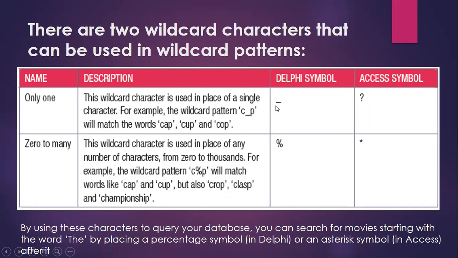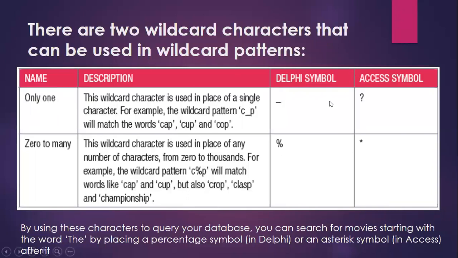So the symbol here is an underscore, not a minus. It has to be an underscore. So what it will do is, for C_P, it's going to find all words that start with a C and end with a P, but there's only one character. Okay, so it can be cap, cup, cop, any combination of those.